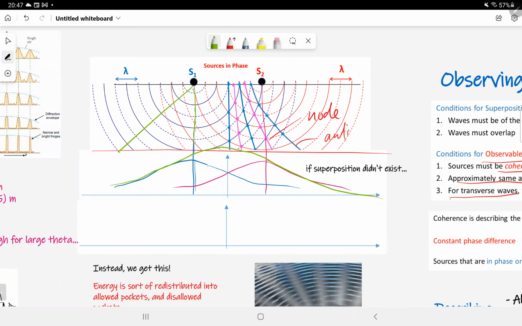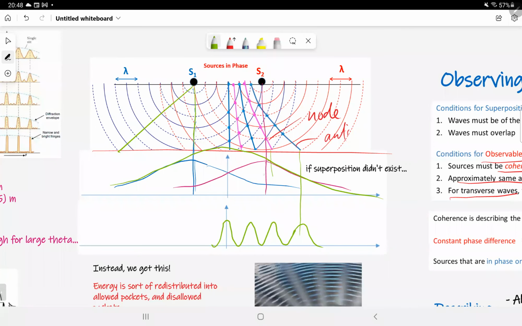But in reality, we already know that superposition exists. So it's causing the energy to be redistributed, such that, following the nodal line and anti-nodal line, you know that it's actually something like this. I'm not drawing to scale. If you would like to, you can use these lines to guide you.